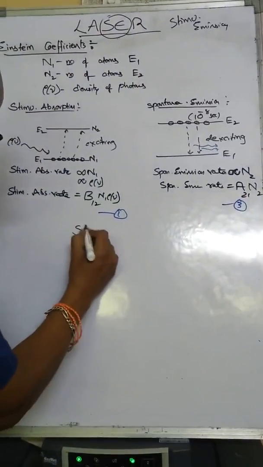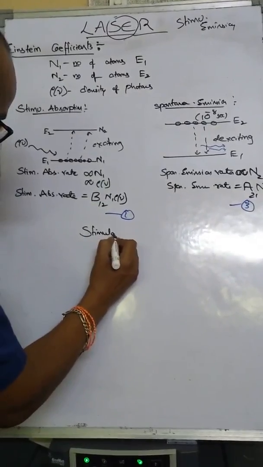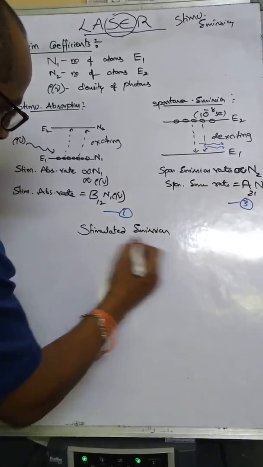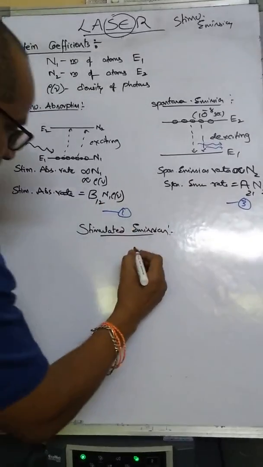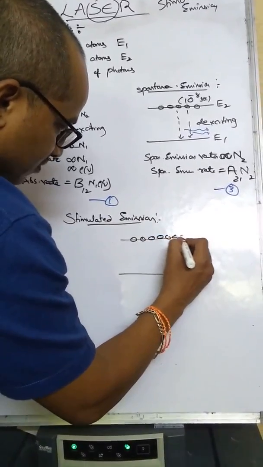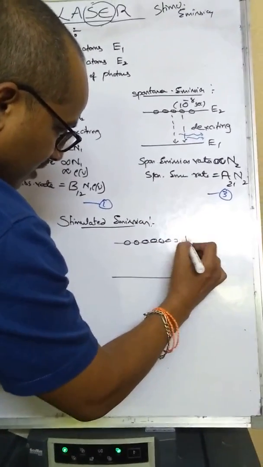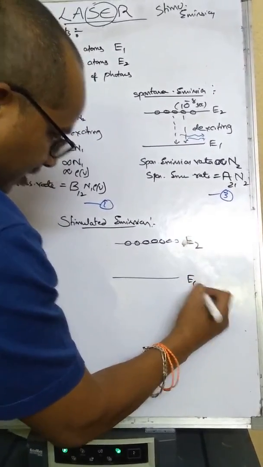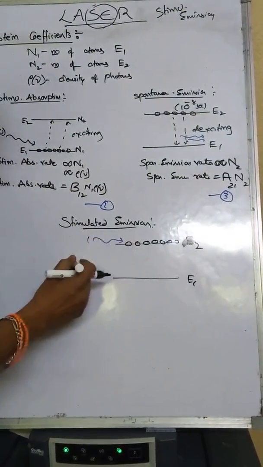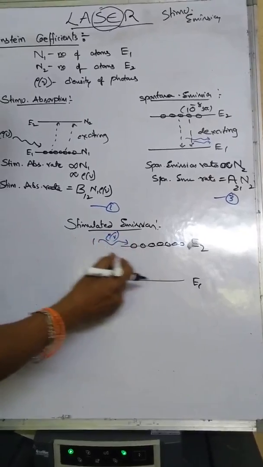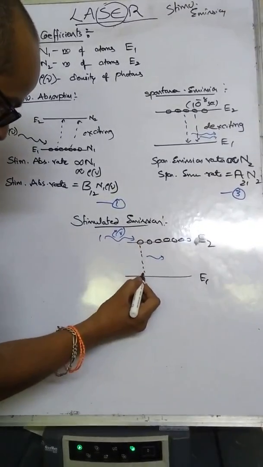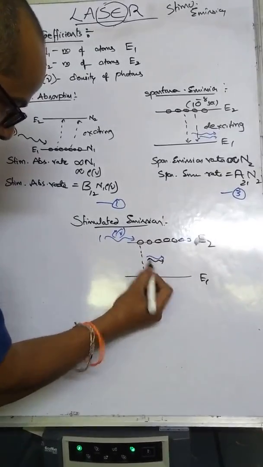The third step is stimulated emission. This is the diagram, where there will be a large number of atoms in the higher energy level E2 and the lower energy level E1. Now I'll use a stimulating photon, rho nu, and as a result this atom will be de-excited and you will get a second photon.